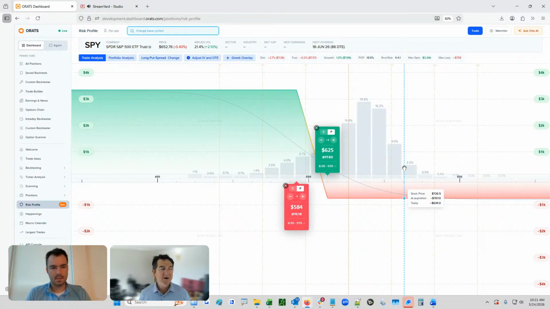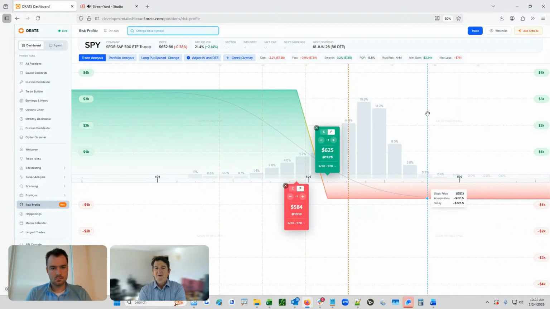The risk profile in my eyes is more for the next week, 3 days, whatever, because you want to just make sure that you're protected around these times.